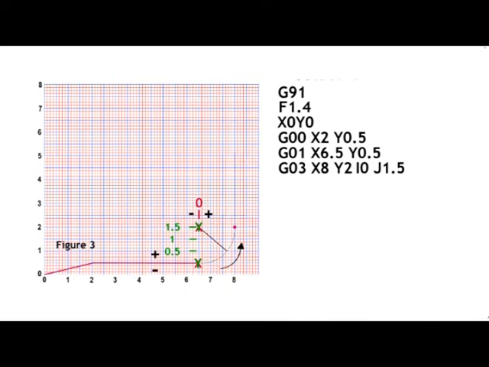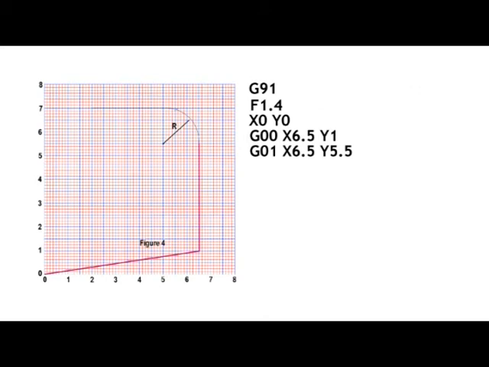I is on the same plane as X, so I would be 0, and J is 1.5 inches on the positive side of Y. The line code would be G03, X8, Y2 for the end of the arc, and for I, 0, and J, 1.5. The line would be G03, X8, Y2, I0, J1.5.